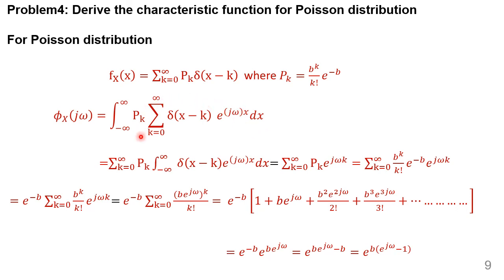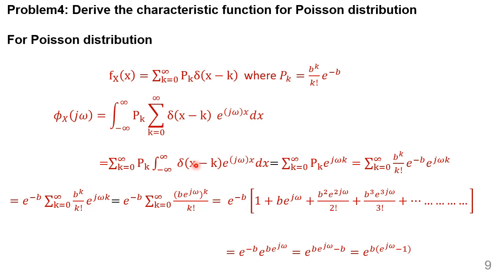Here we have replaced the PDF with the PDF function for the Poisson distribution, and we interchange the summation and the integral signs. When we rewrite it, we get the summation, k varying from 0 to infinity, pk taken out, integral from minus infinity to infinity of delta of x minus k times e to the power j omega x.